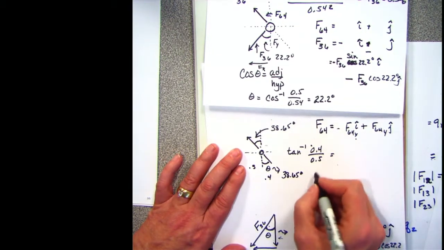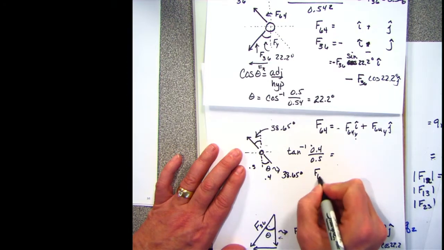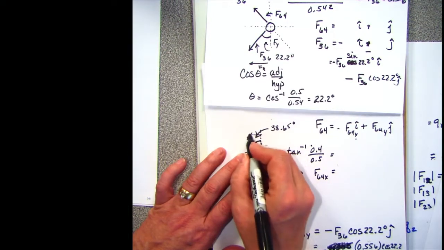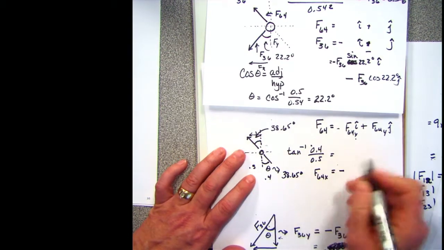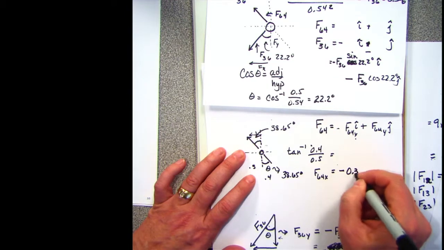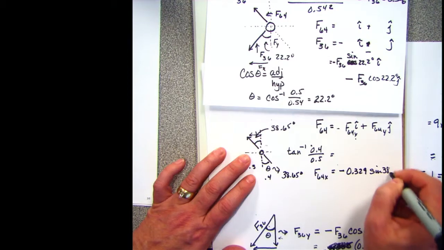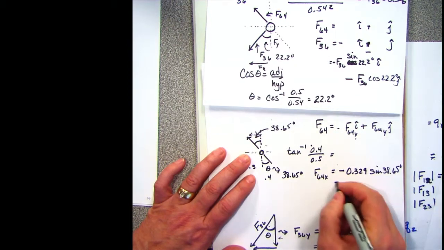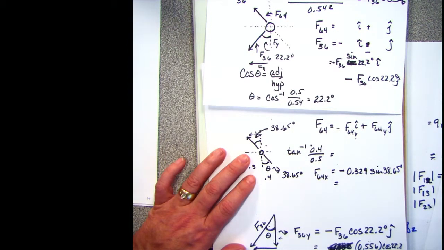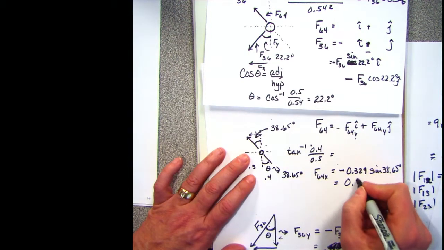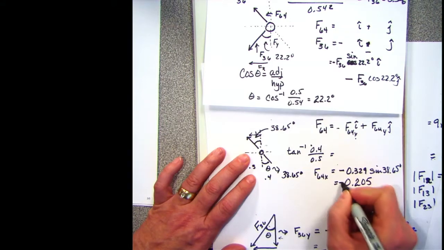F64x is going to equal minus 0.329 sine of 38.65 degrees. 0.329 times sine 38.65 is 0.205 in the negative.